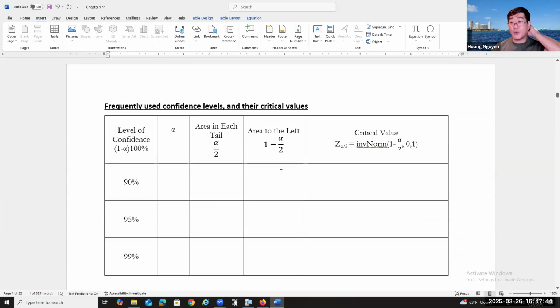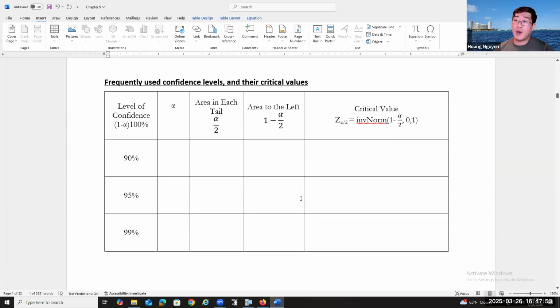We're going to summarize the 3 basic critical values, the frequently used confidence levels and their critical values. We're going to fill up the table, so we might recycle this answer later on, everyone.